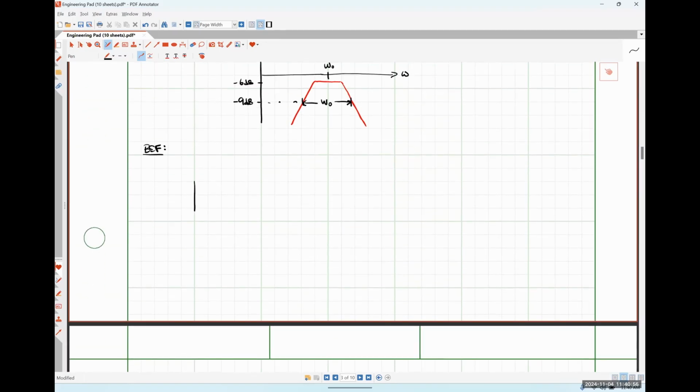So it would look something like this. So here's our normal low-pass filter capacitance C1. And now in series with that, I'm going to put an inductance that is 1 over C1.